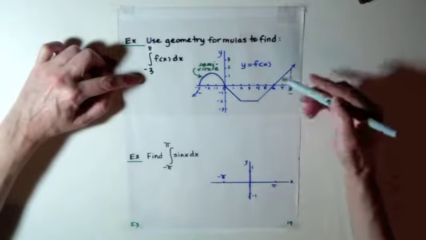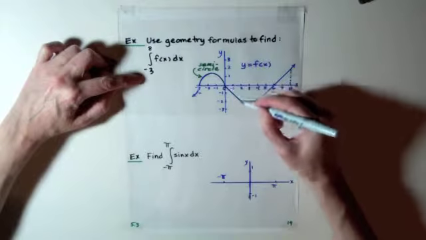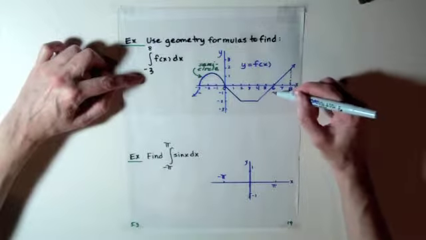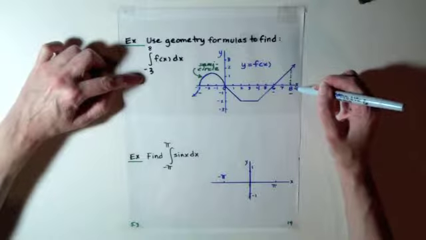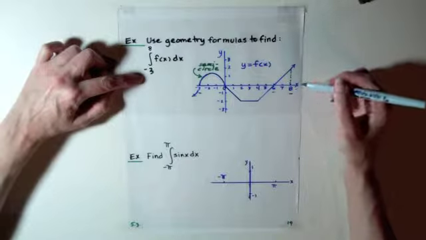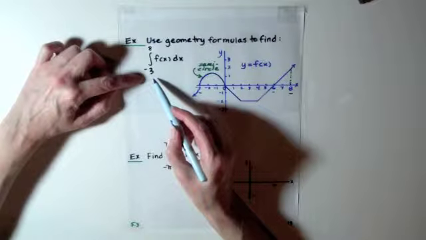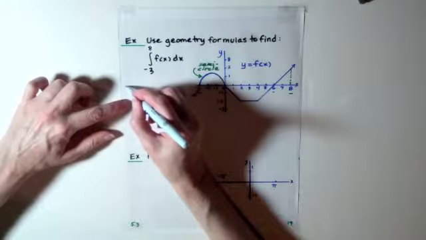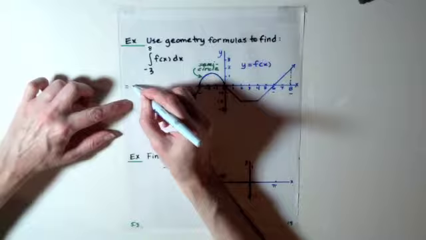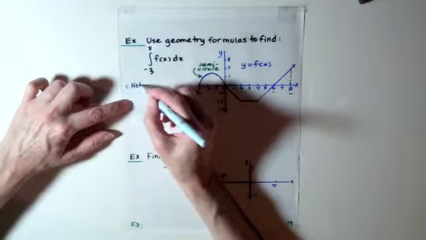From 0 up to 6, it is below the x-axis. And then from 6 to 8, it is above the x-axis again. Well, remember what the definite integral represents geometrically. In this case, we said that it is a difference of areas. It is the net area.